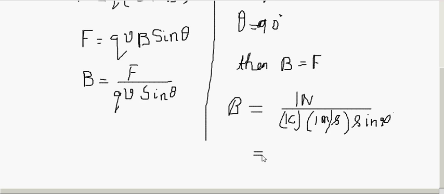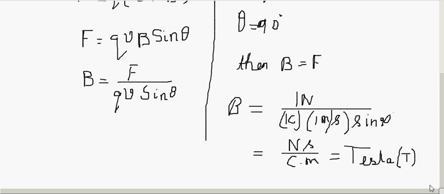The unit is Newton second per coulomb meter, or sometimes I can write it as Newton divided by ampere meter, because C per second is ampere. This is also known as Tesla, and the symbol is T.